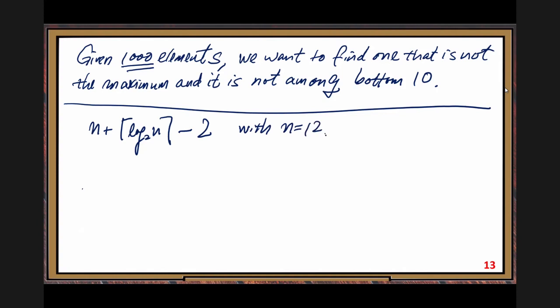Not in the bottom 10, so we take 10 arbitrary elements at the bottom. Not the top 1, so another element, the 11th, and this element, the 12th. So we select 12 elements from the given array, arbitrary 12. Then we find the second largest of the 12.